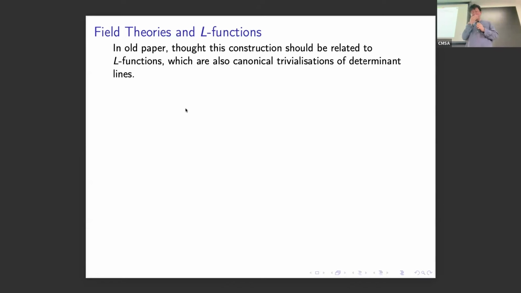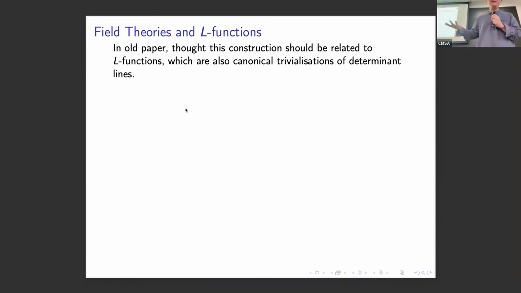Let's say, as I said, I thought in this old paper that these constructions should be related to L-functions because L-functions can also be sections of determinant lines, the basic analogy that I studied, non-equal trivialization of determinant line bundles on suitable computations.